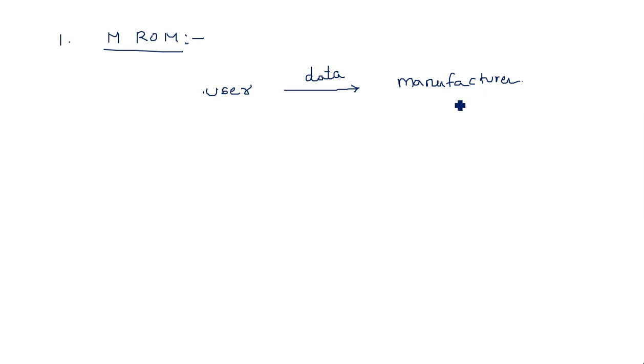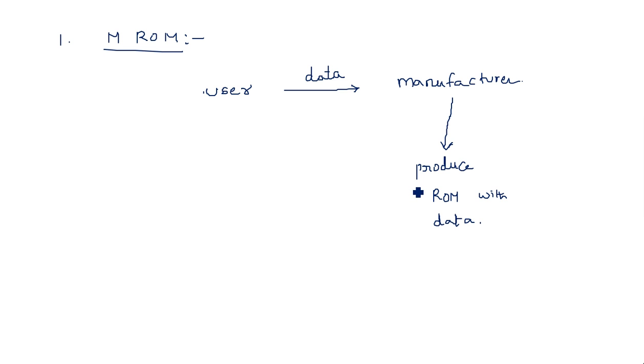What will the manufacturer do? The manufacturer will produce a ROM with the data that the user has sent. So the user sends the data he wants to store, and the manufacturer will create a read-only memory device with that data.